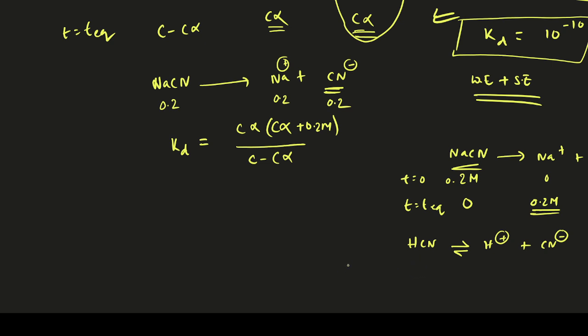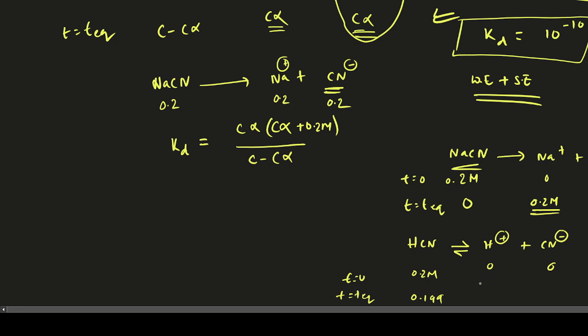So if we say at t equal to 0 this is 0.2 molar and this is 0, then at t equilibrium this will be left as 0.199, and only 0.001 will dissociate.